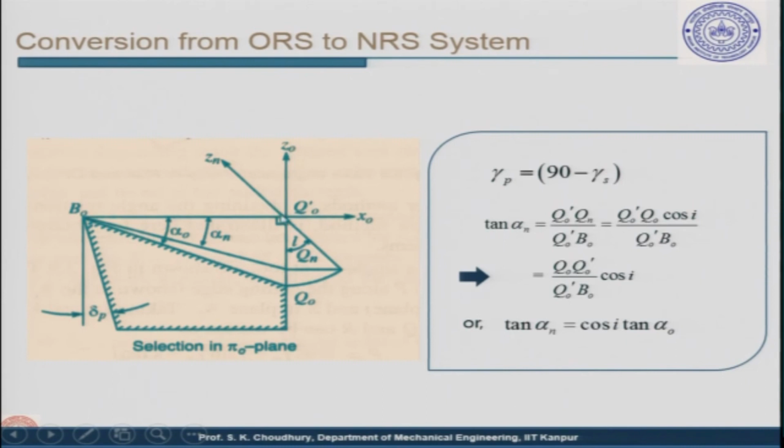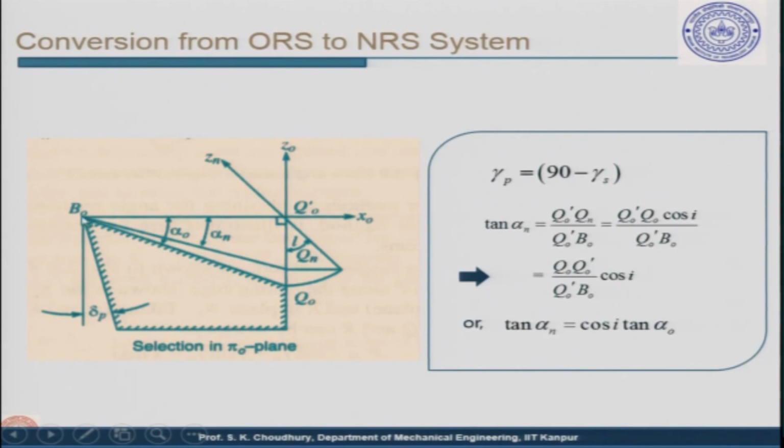With respect to X0 Z0, particularly the Z0 axis, we will incline with an angle of I. When you do that, the system on this, if we can project, will be the normal rake system, because this is inclined with an angle of I with respect to the orthogonal rake system.